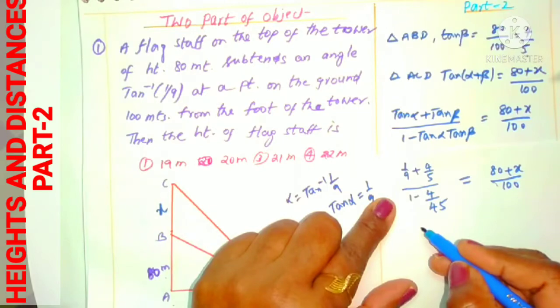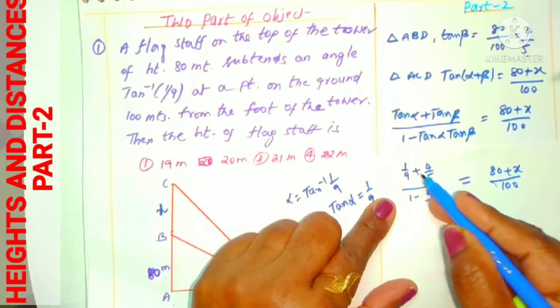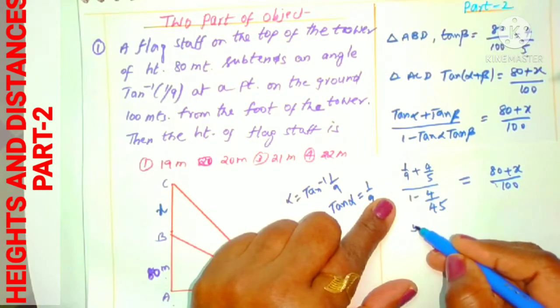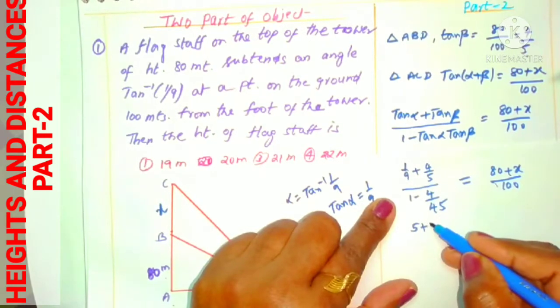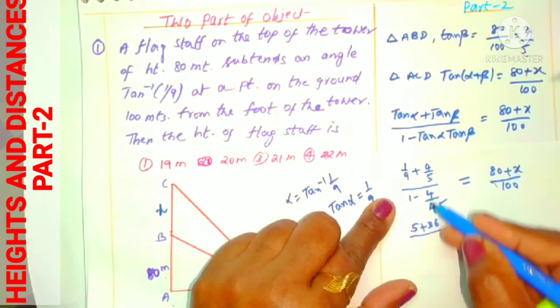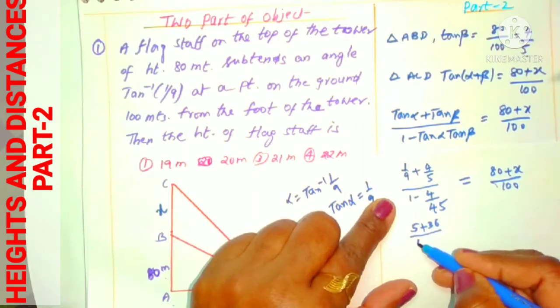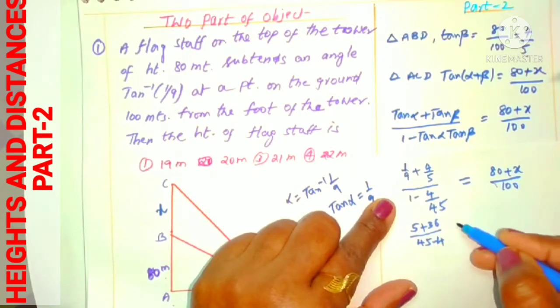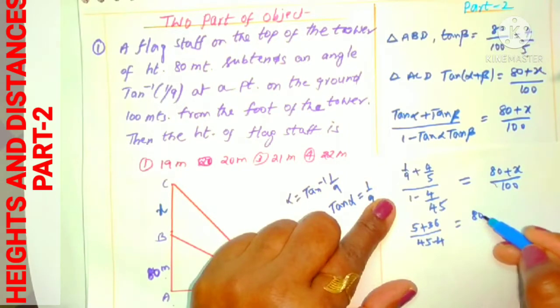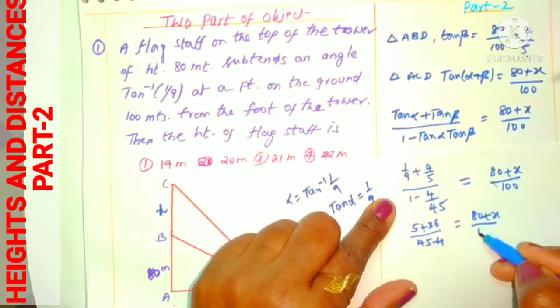Now by taking the LCM, 9 fives are 45. What will come in the numerator? 5 plus 9 fours is 36, so 41 over 45. Here also 45 gets cancelled, and 45 minus 4 will be left over. This equals 80 plus x by 100.